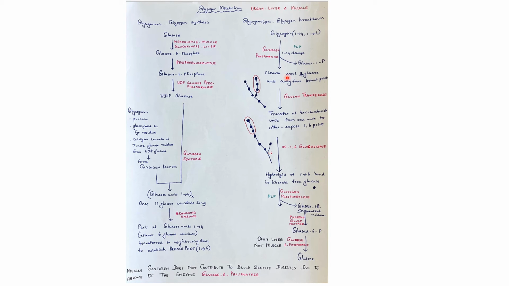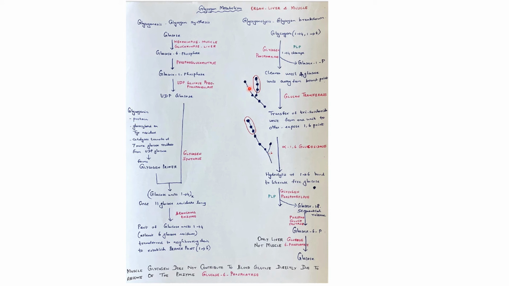Now it keeps on cleaving the 1,4 linkages until there are 4 glucose residues away from the branch point. Once nearing the branch point, another enzyme comes into action, glucan transferase.